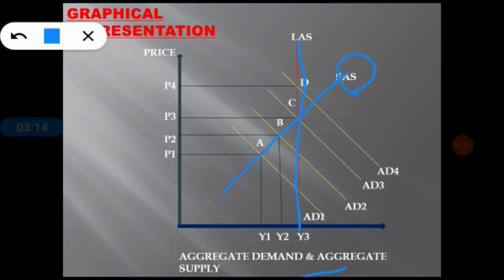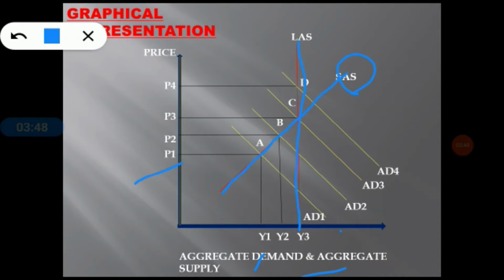Clear? So now we will go to the explanation of demand pull inflation. Why is price increasing from the aggregate demand forces, and why is aggregate demand greater than aggregate supply? So now going to the explanation. At the P1 price, for the aggregate demand curve AD1, price is P1 and the aggregate output is Q1.